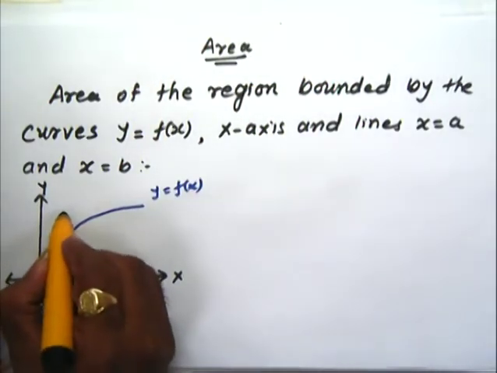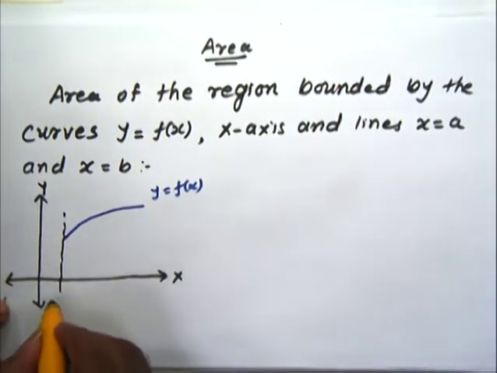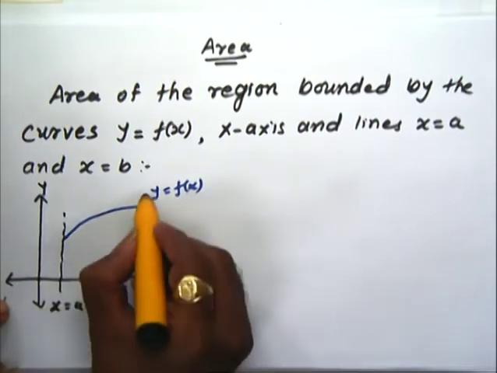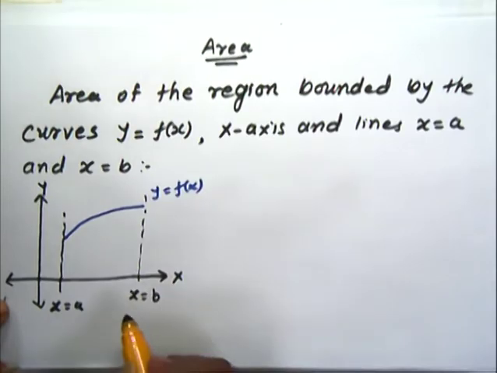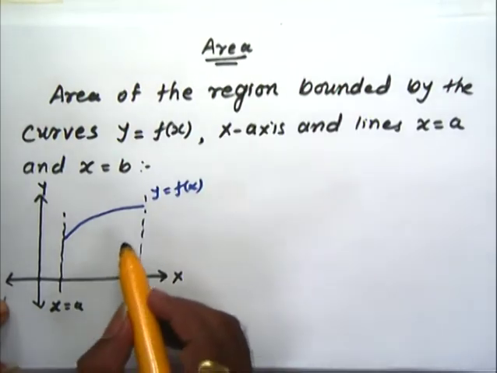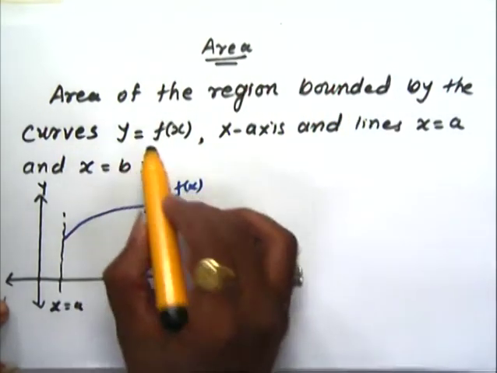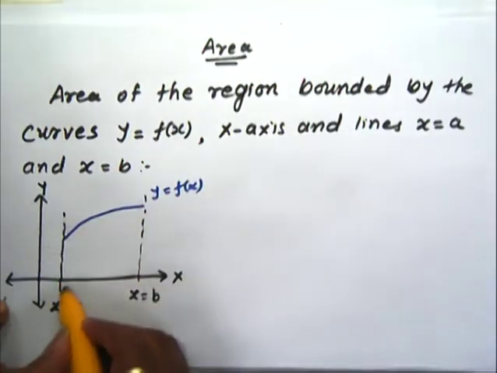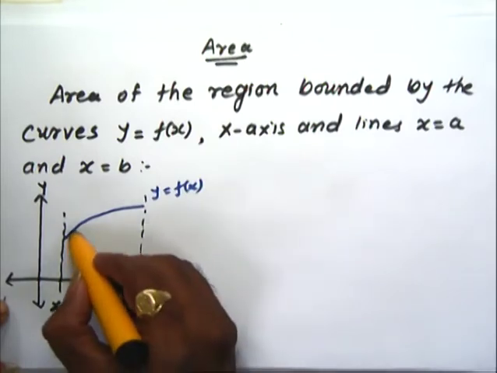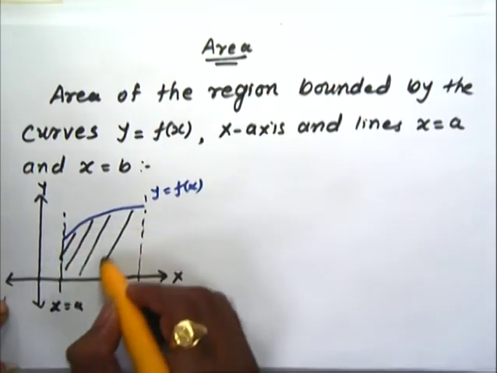This is line x equal to a and this line is x equal to b. Now we want to find the area bounded by the curves y equal to f(x), this x-axis, and these two lines. So we want to find the area of this part.